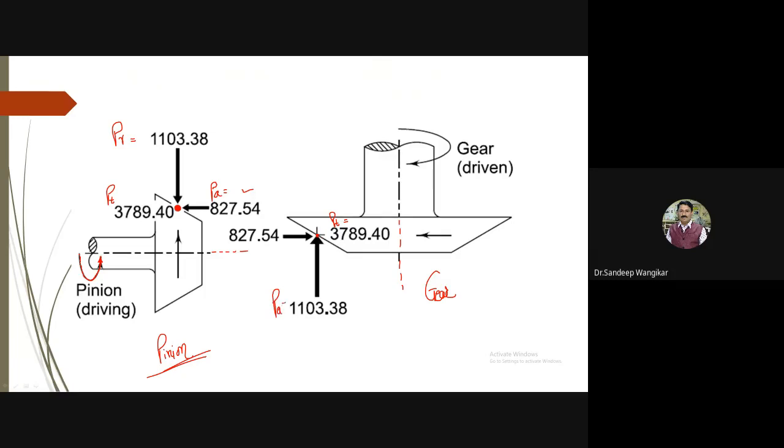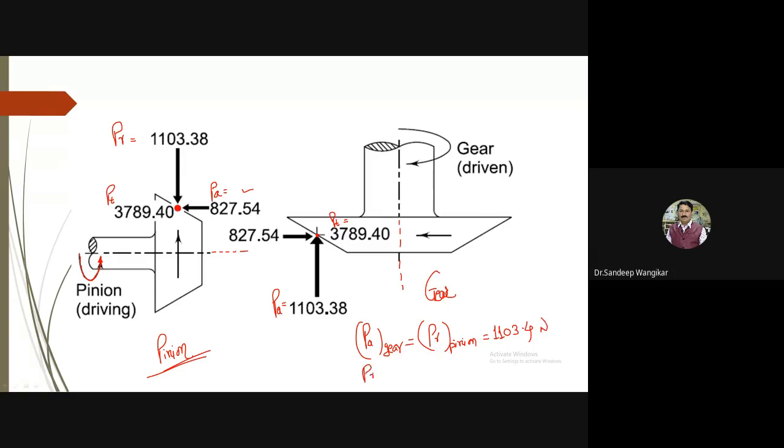So the axial component of the gear, PA for gear, is equal to PR for pinion, which is equal to 1103.4 or 38, whatever, Newton.